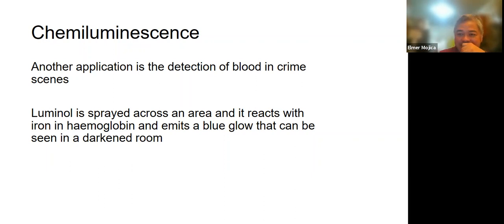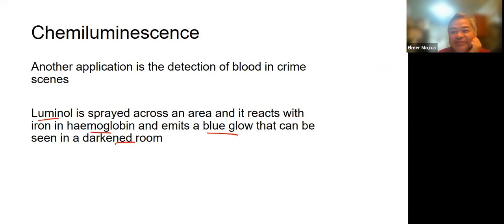Okay? And I think in last week's episode, okay, yung hindi tayo nagkaklase, they talk about luminol. So they sprayed it across an area and it reacts with the iron in the hemoglobin, and it emits a blue glow that can be seen in a darkened room. Okay, because the CSI here starts from 10 to 11 and our class is around 10:30.